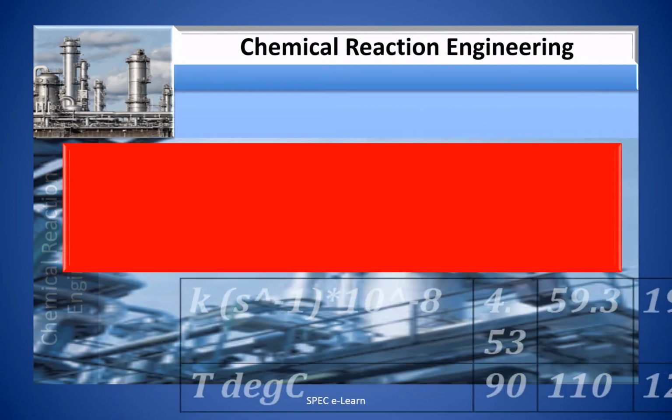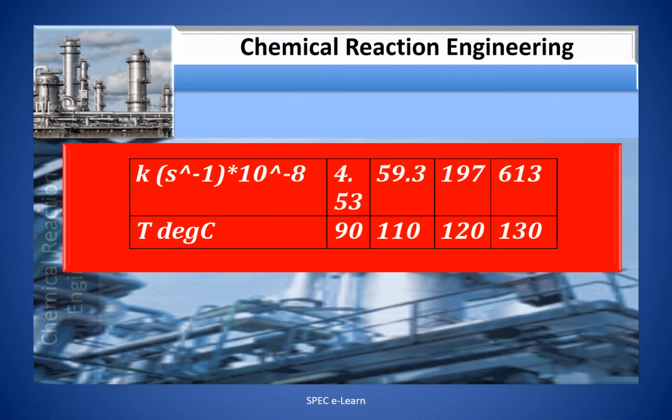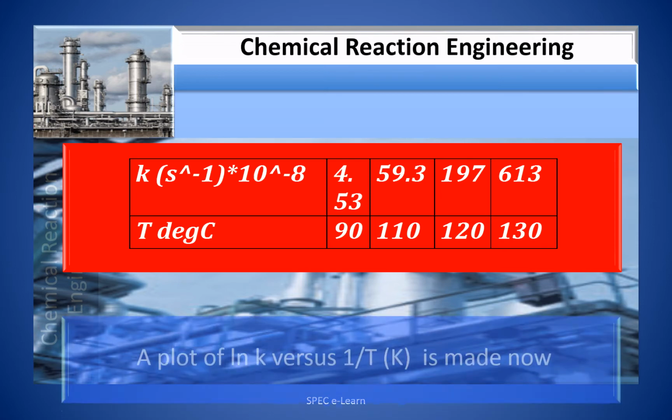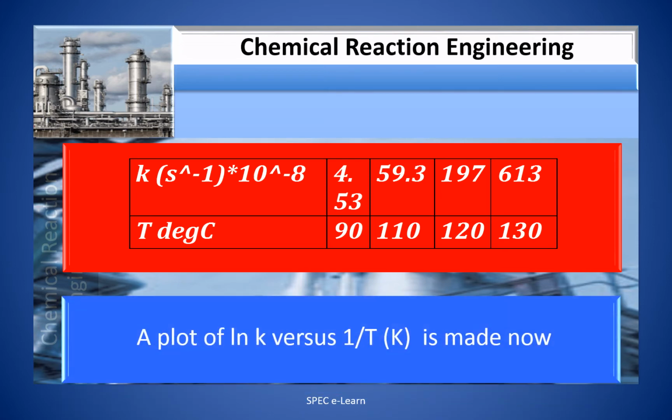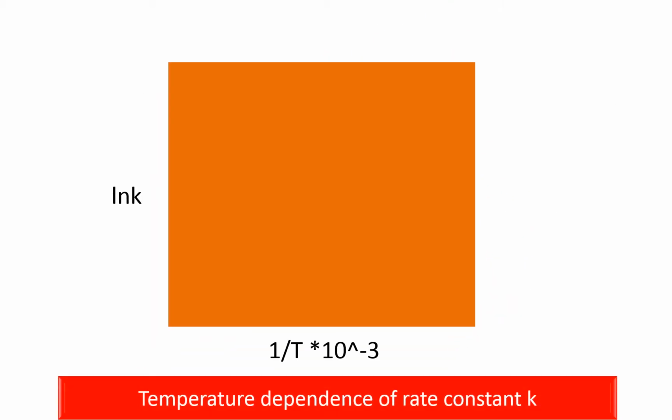As you can observe, as the temperature increases, the value of k increases exponentially. A plot of ln k versus 1 by T is made now with this data. You can observe from this graph, as the reciprocal of temperature increases, the natural log of k decreases.